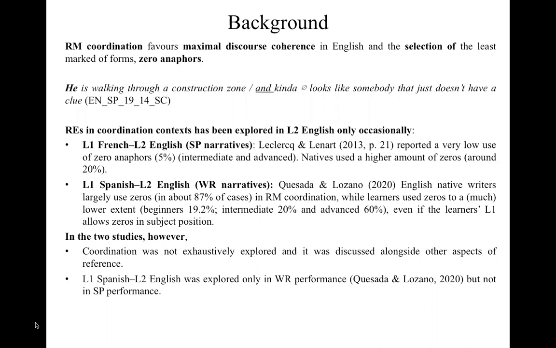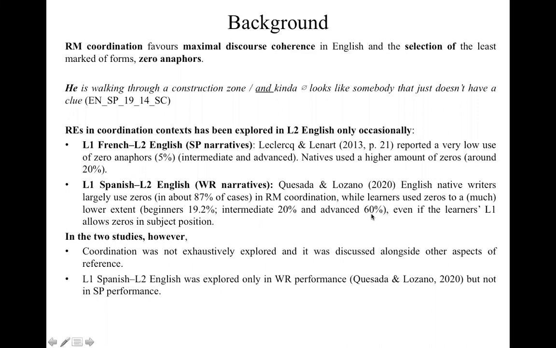Recently, Quesada and Lozano, from our research team, explored L1 Spanish, L2 English written narratives. They focused on reference maintenance coordination, and they reported a very high number of zeros used by natives in this context, almost 90% of the cases, while learners use many fewer zeros in this particular discourse-syntactic context, advanced learners not going over 60%.